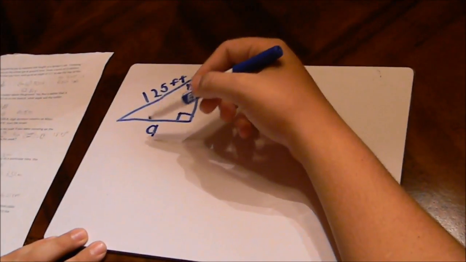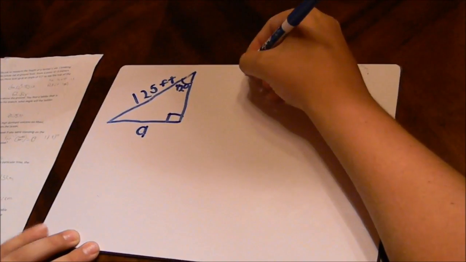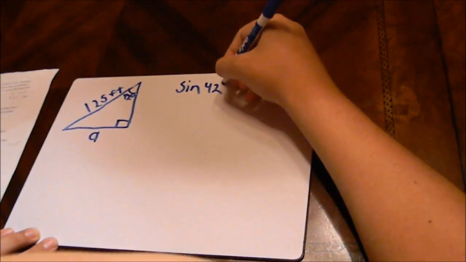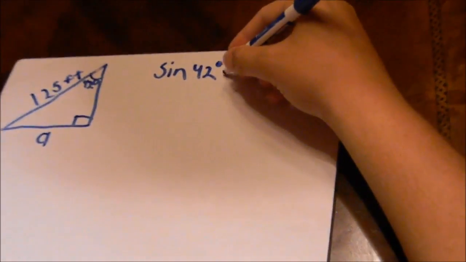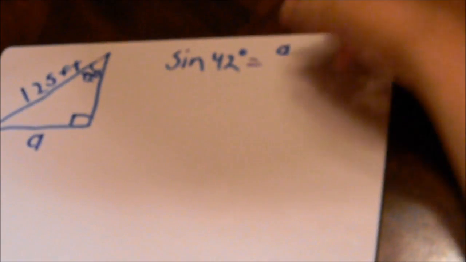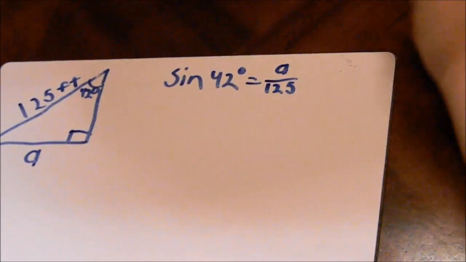So in order to set this up, as of now, we have the opposite and the hypotenuse. So we're going to use sine. So we will set it up as sine of 42 degrees equals A, which is our opposite, over 125, which is our hypotenuse.